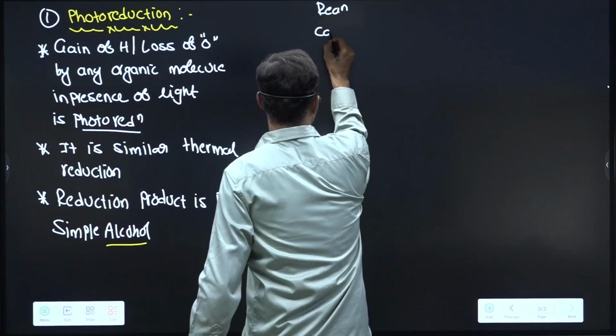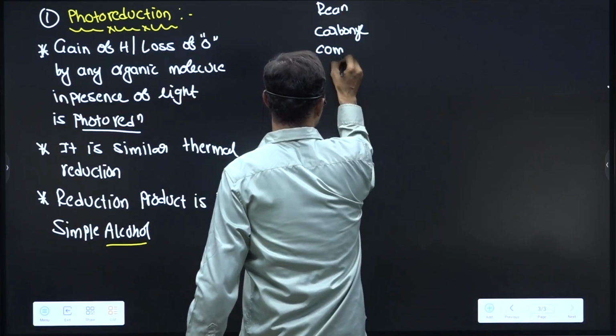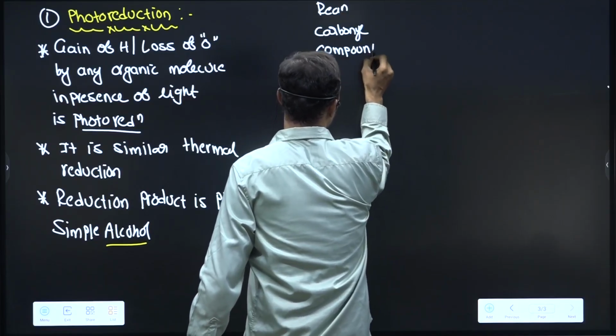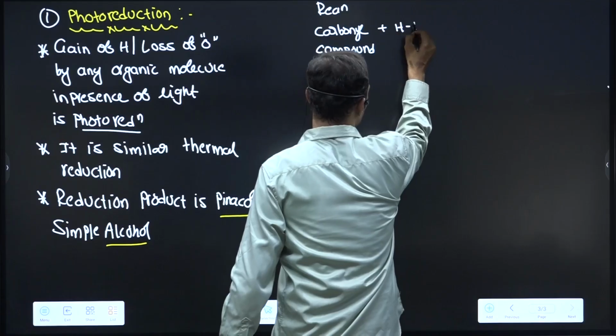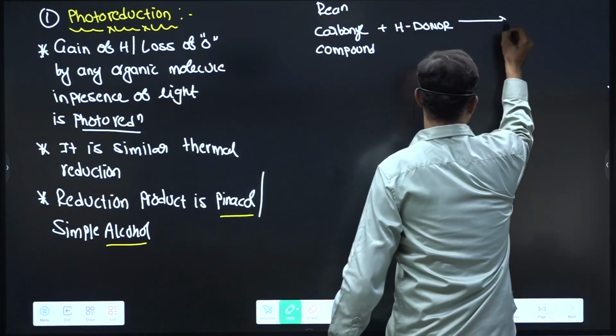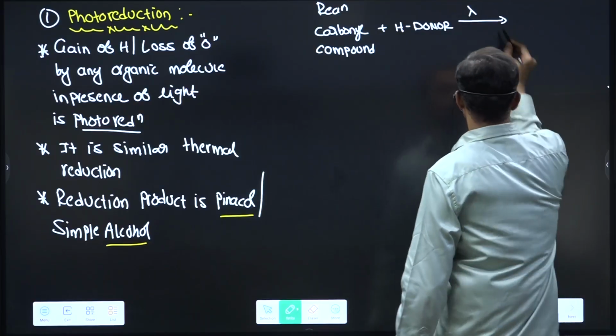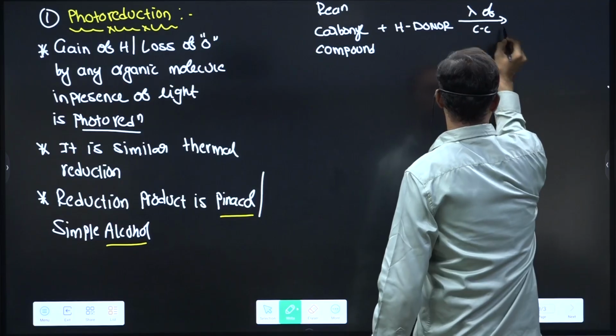So here I am using carbonyl compound plus hydrogen donor. Here I am writing lambda, suitable lambda of carbonyl compound. Then what happens?